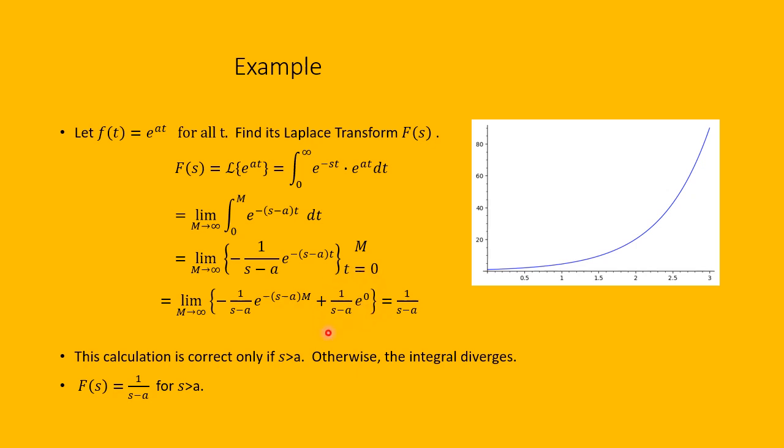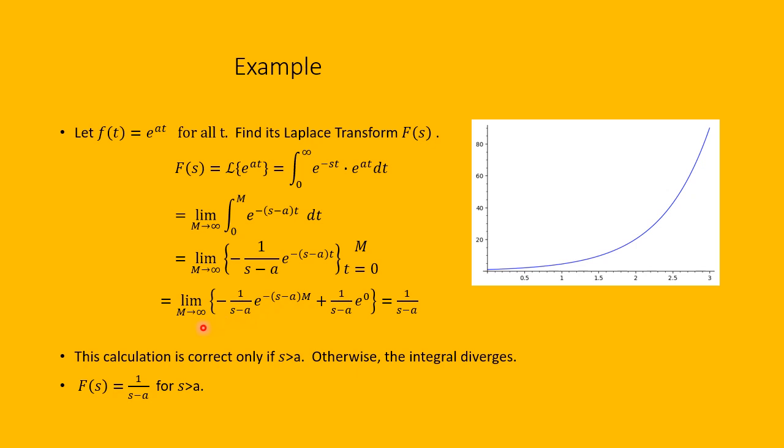Now 1 over (s minus a) times e to the 0 is just 1 over (s minus a), recognizing that e to the 0 equals 1. And if s minus a is a positive number, then minus (s minus a) will be a negative number, and as M goes to infinity, this will go to 0.